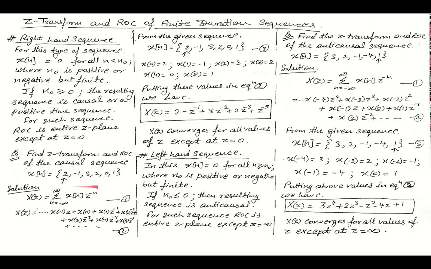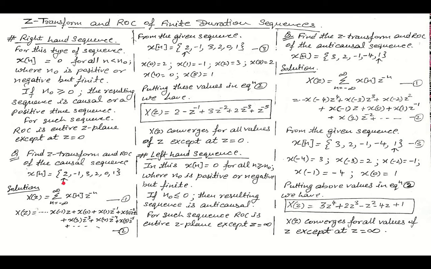As we can see, this is a finite sequence and the origin is represented by this arrow. In any numerical, if this arrow is not given, then the first term is represented as the origin.